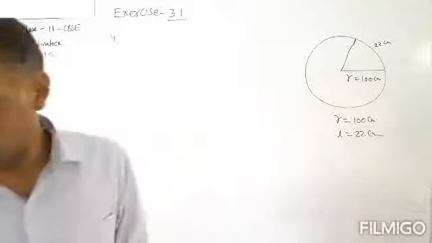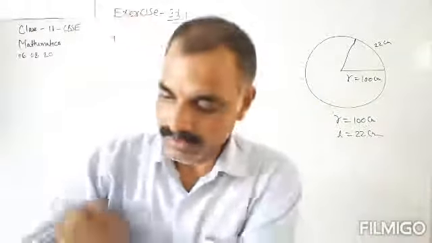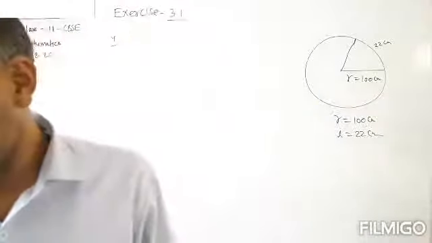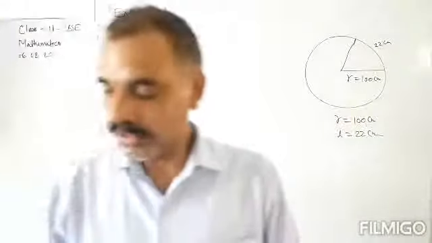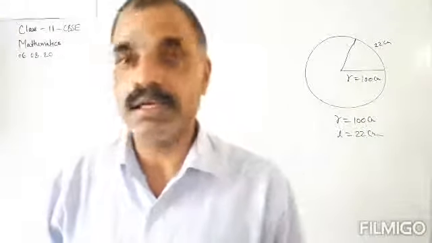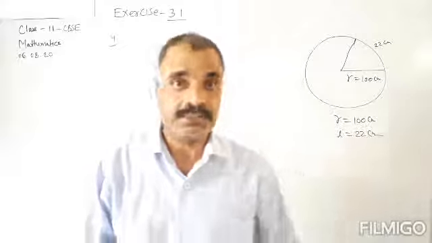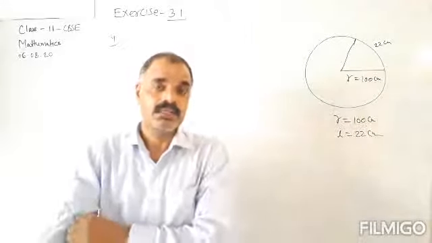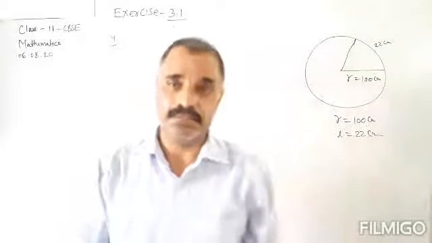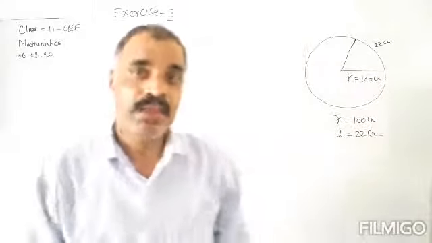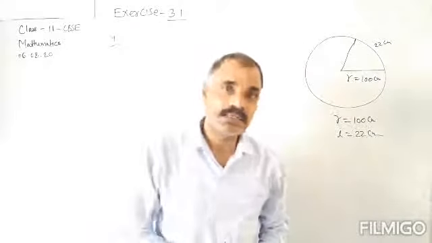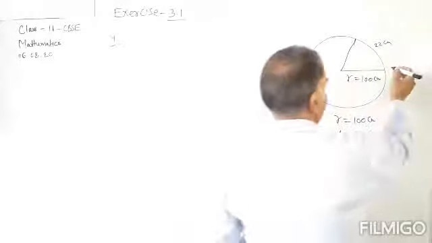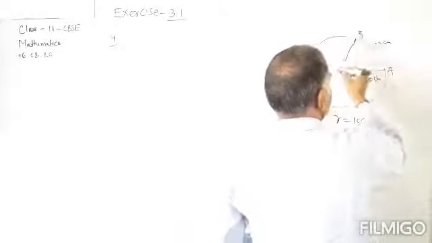So the radius and arc length are given, and you have to find the degree measurement of the angle subtended by this arc AB at the center.